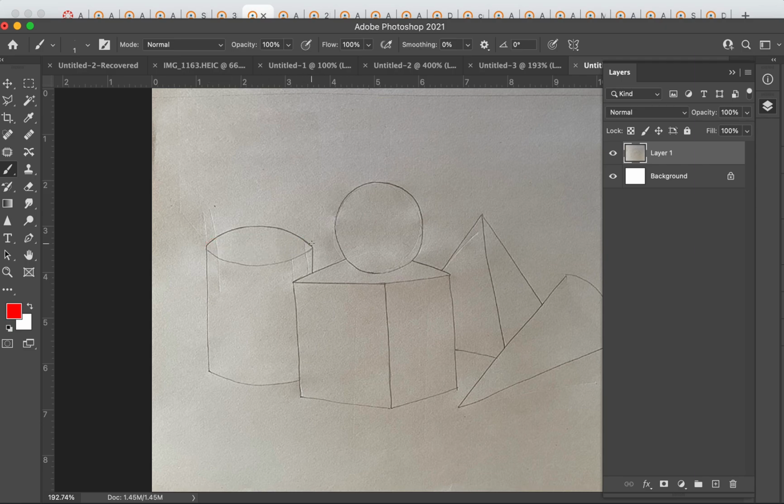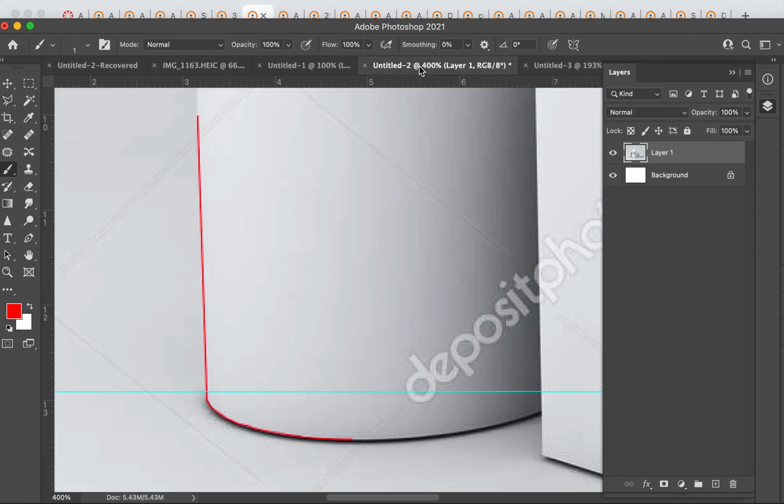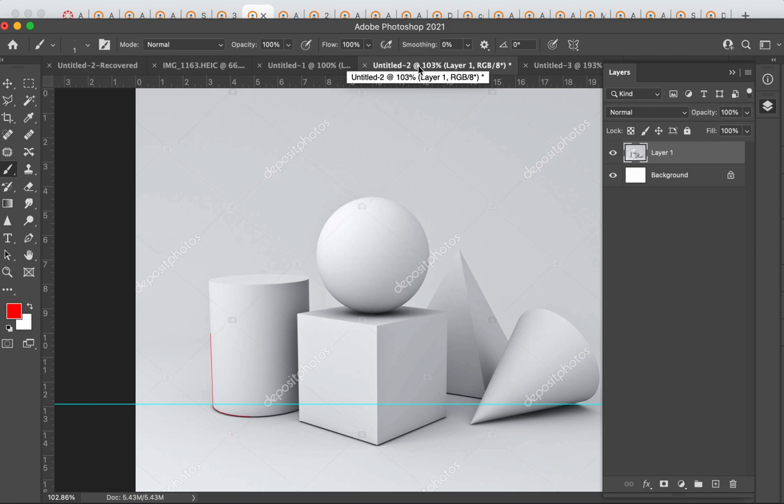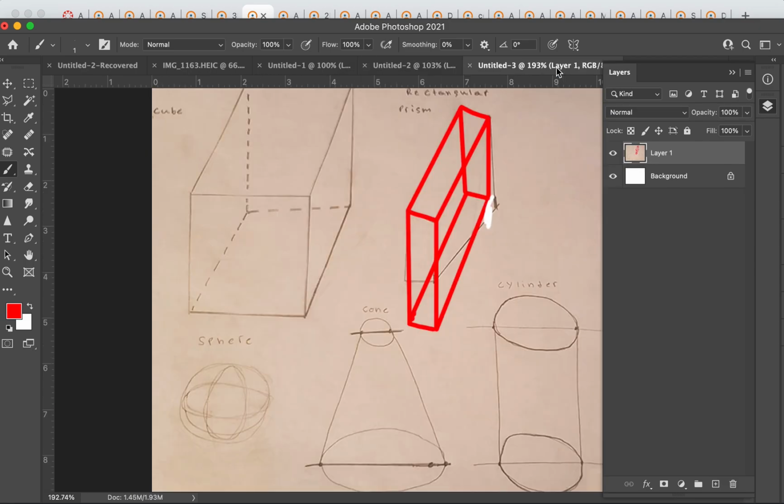Oops, that was a terrible job. Okay, something like this. And it might even be less. Let's look. Yeah, it's probably a little less than when I drew it.